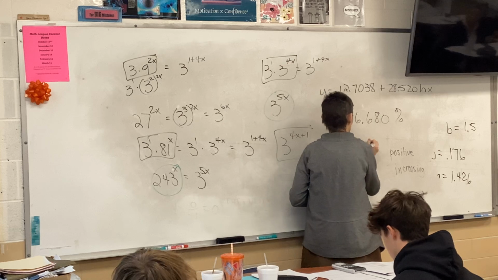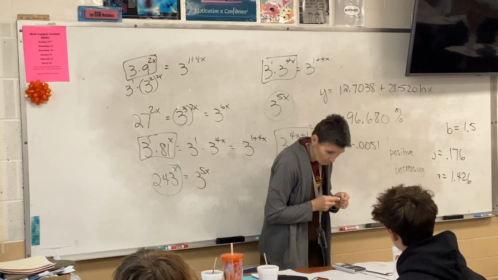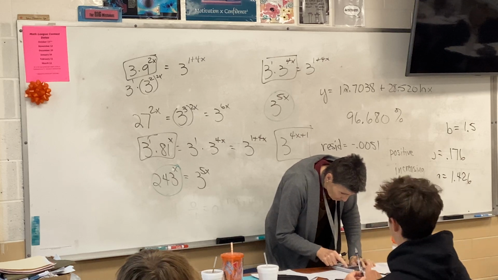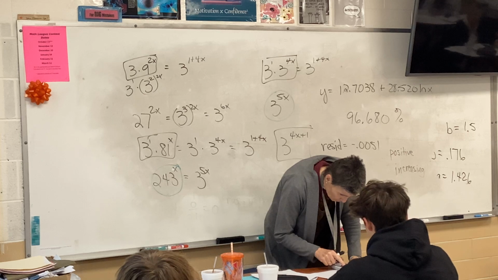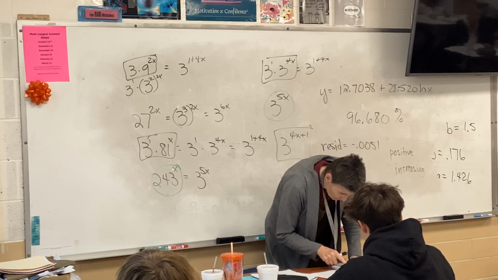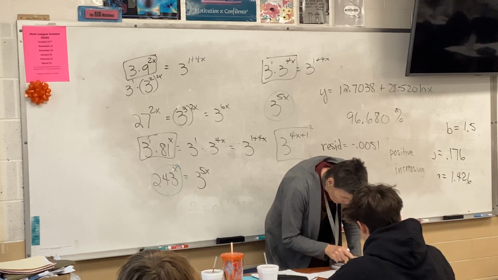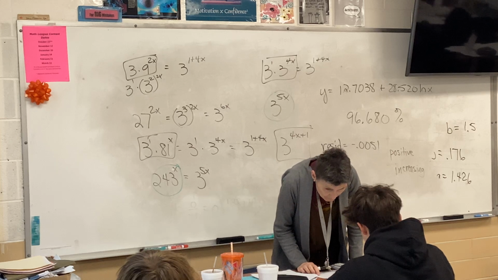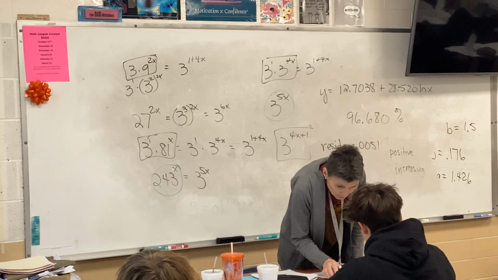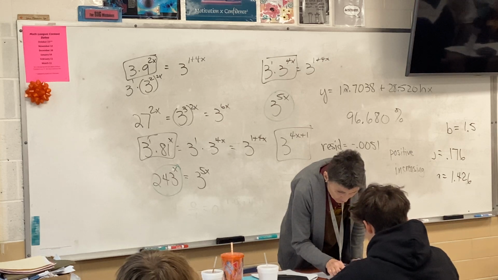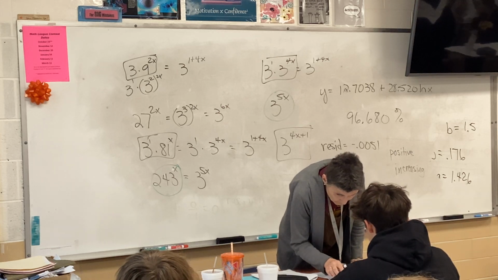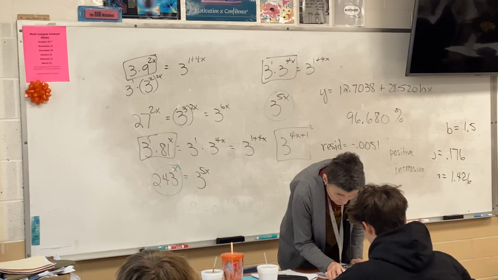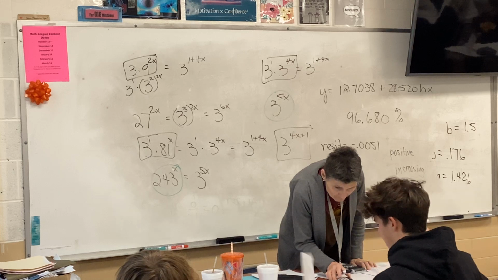I got negative 7.177. It's in the sixth one. Make sure I count it down. Yeah. So I got, this is the sixth one. I got what you got for the equation part.